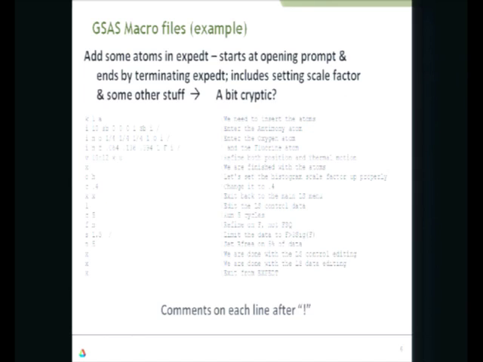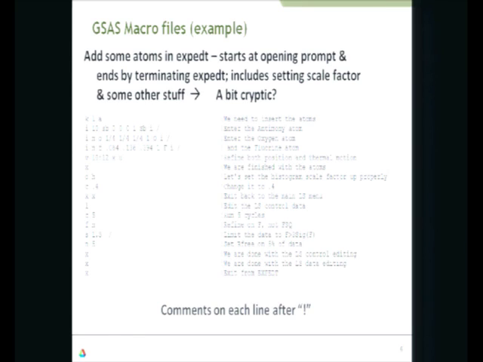Okay, a macro file. Here's an example, and you can see the single letter commands of various kinds. These all correspond to some point in that tree, and then the resulting stuff that it's going to ask for.